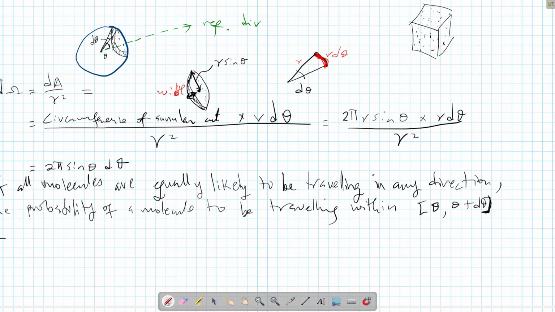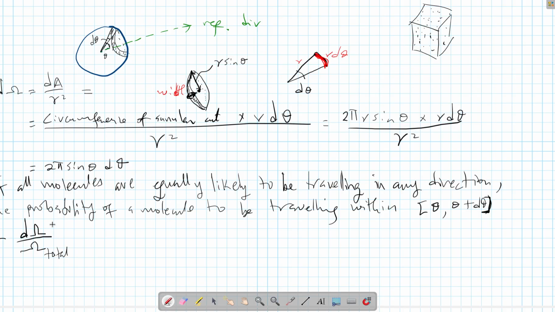So we're going to define some solid angle as we've done here, d omega, and we compute the fraction: the elemental differential solid angle divided by the total solid angle.